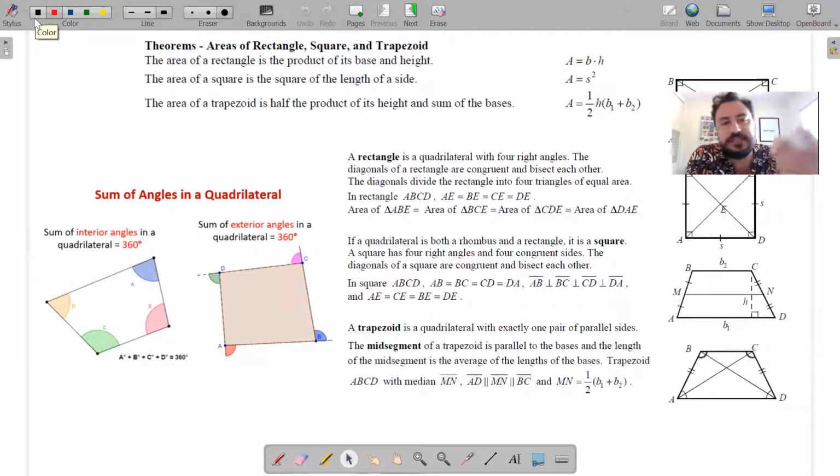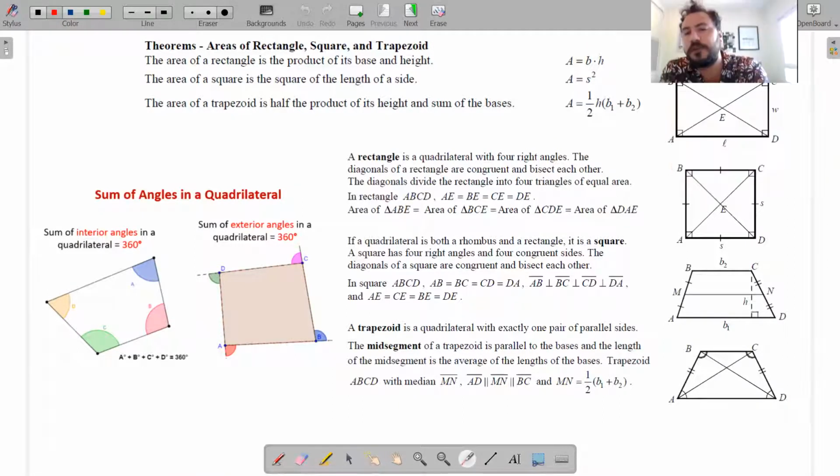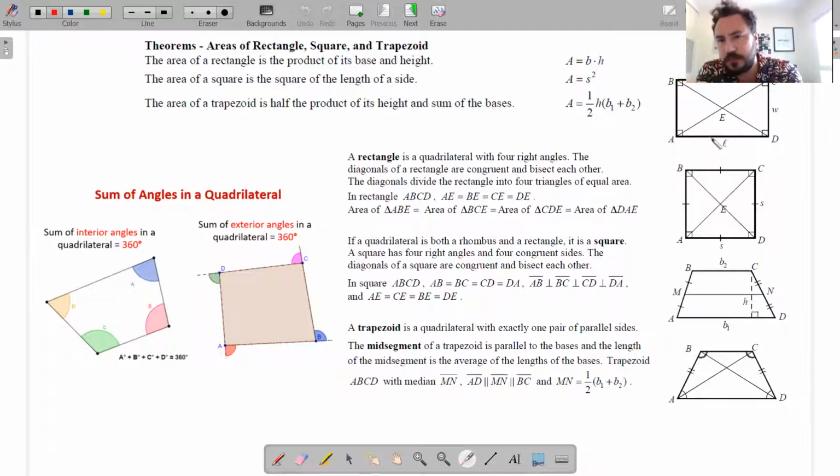Now, the classic quadrilaterals that we know are rectangles like this one and squares like this one. How do we find the area of any rectangle? It will be base by height, or length by width. Doesn't matter.